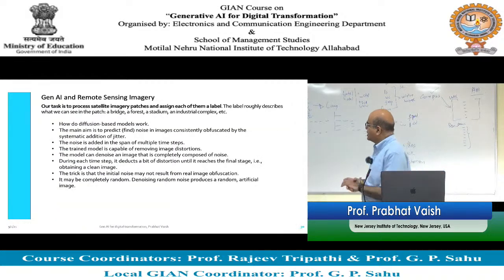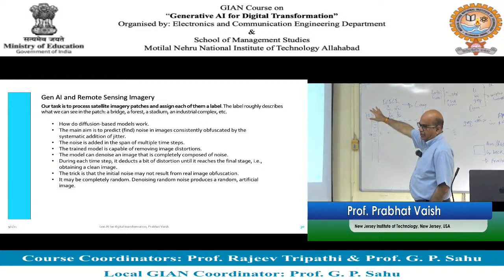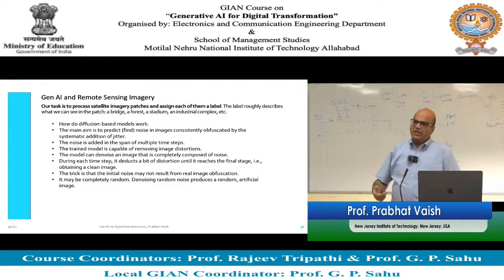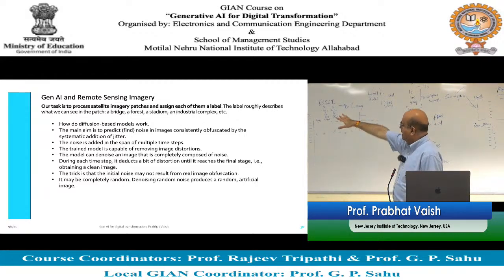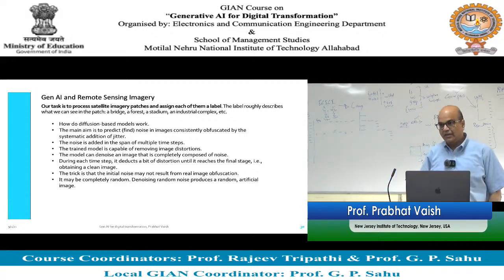The way it works is that you're finding noise in images. So you start with an image, find the noise, filter the noise out, and make the feature you're interested in sharper, more easily identifiable. Okay?